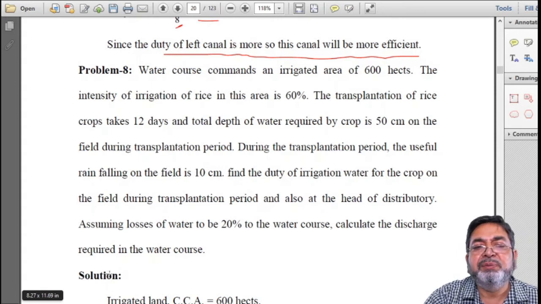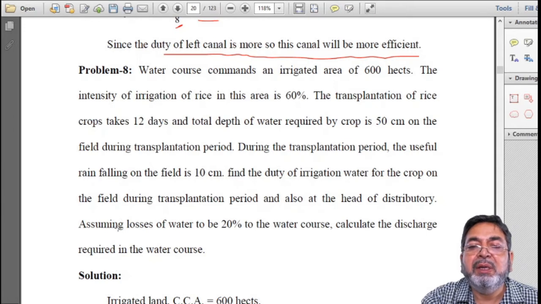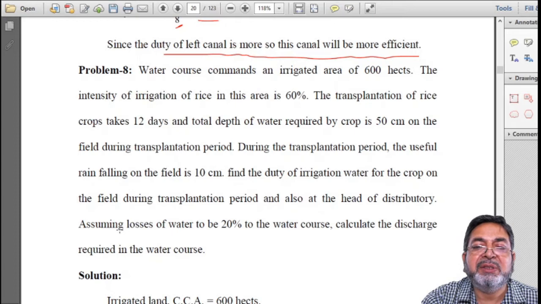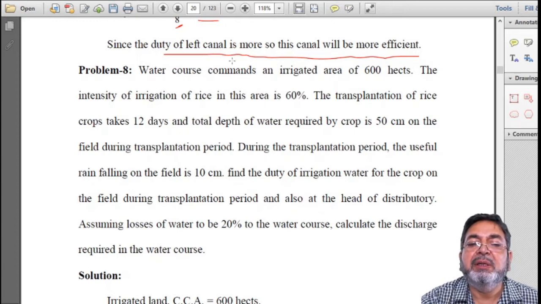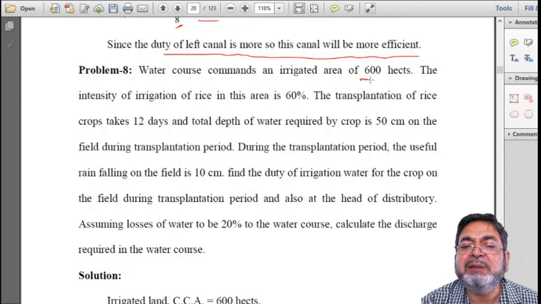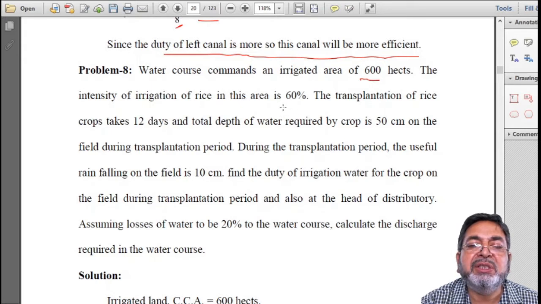A water course commands an irrigated area of 600 hectares. The intensity of irrigation of rice in this area is 60%. Means out of this 600 hectares, you will use only 60%. Means 360 hectares it will be.